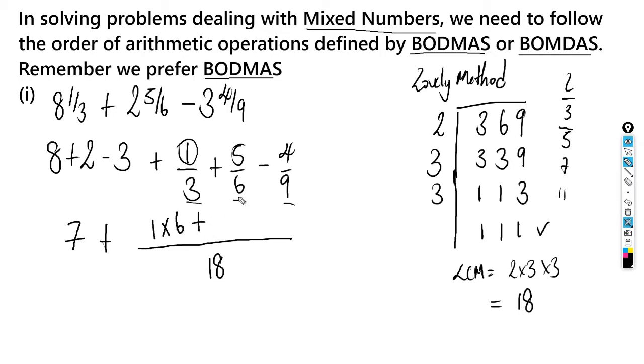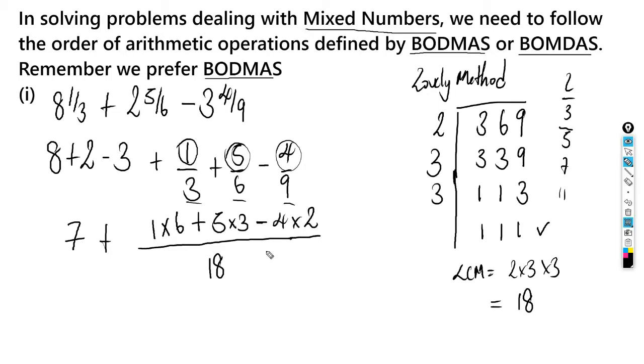Plus 6 goes into 18 3 times, so we're going to get 5, the numerator here, multiplied by 3. Minus, sorry, because this is a minus, 9 goes into 18 2 times.